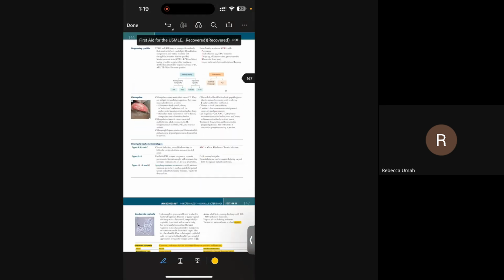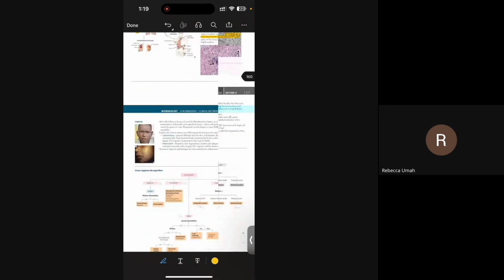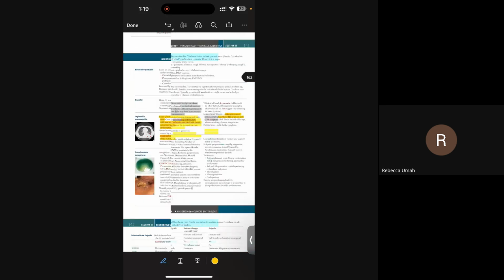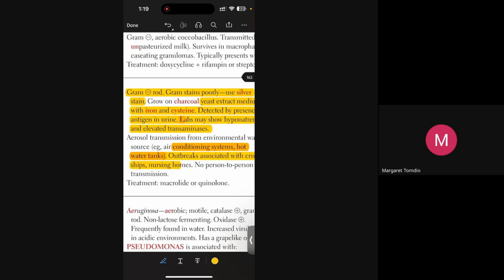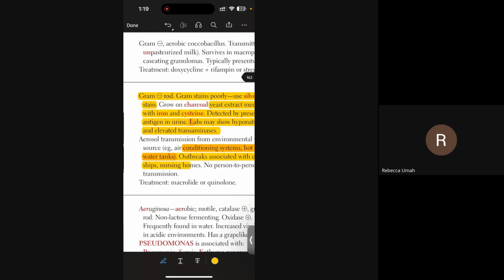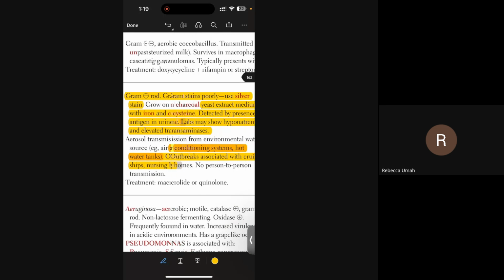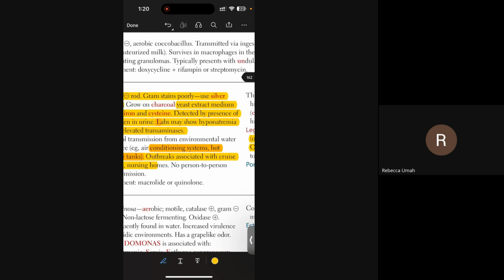How does Legionella usually spread? Through water sources, such as air conditioning water outbreaks. It gram stains poorly, so we use silver stain, and it is detected by the presence of antigen in the urine. Labs may show hyponatremia.